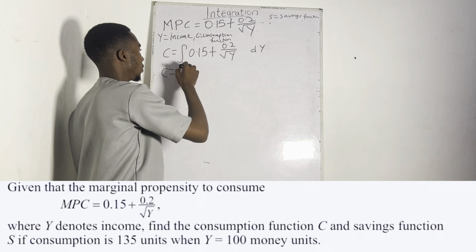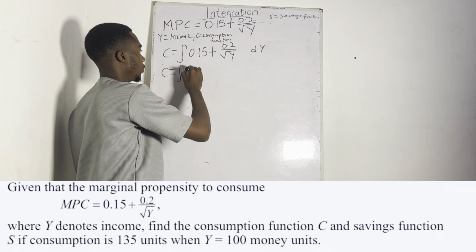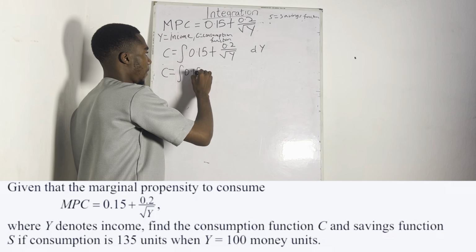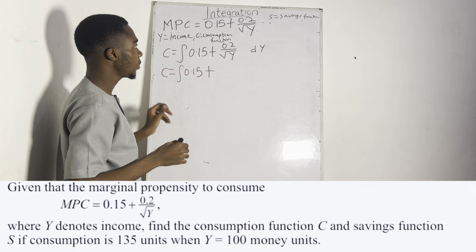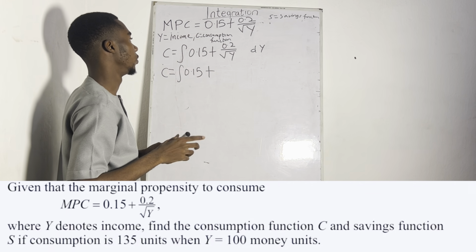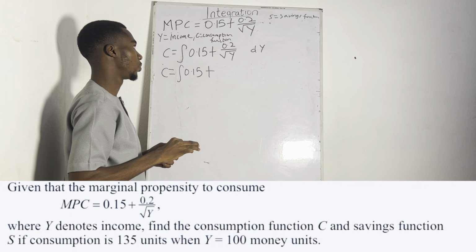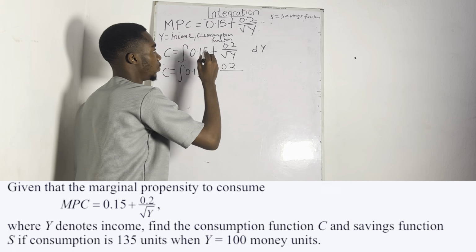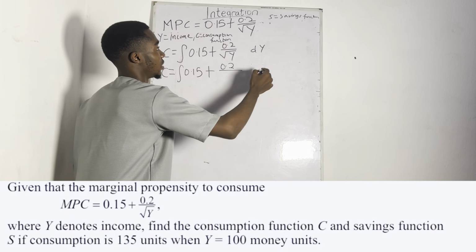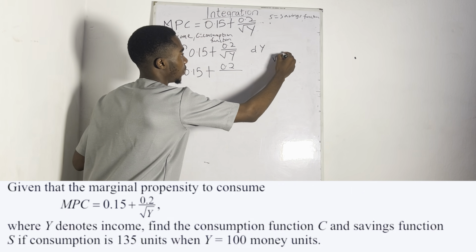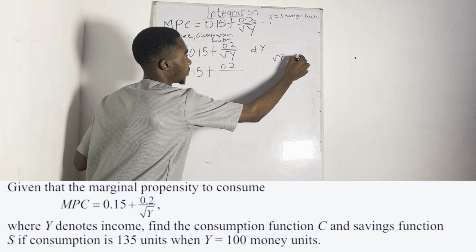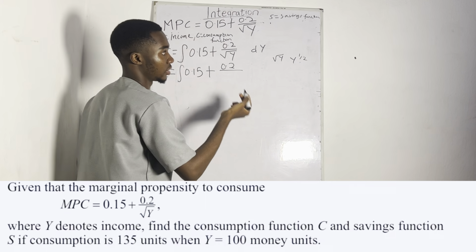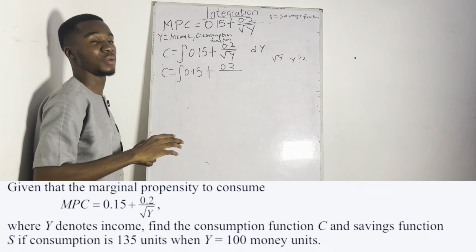This will be equal to the integral of 0.15 plus 0.2 over root y. Now root y is the same as y exponent half. I'm sure you guys remember this from high school.